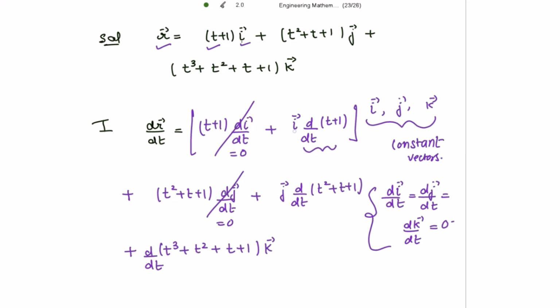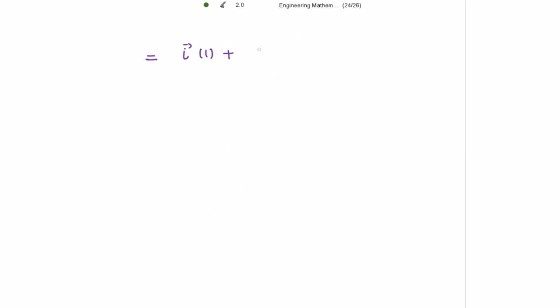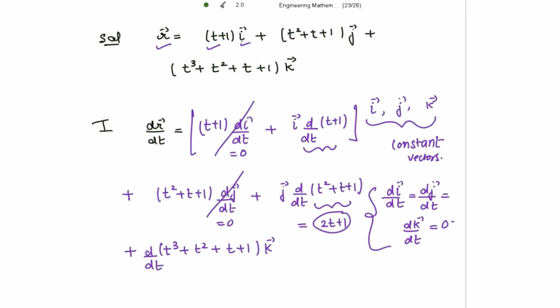So this is I vector into 1, plus derivating this, j vector into, what is the derivative for this? It is 2t plus 1, right? So it is j vector into 2t plus 1, plus derivating this with respect to t, we get 3t² plus 2t plus 1 and then multiplied with k vector.